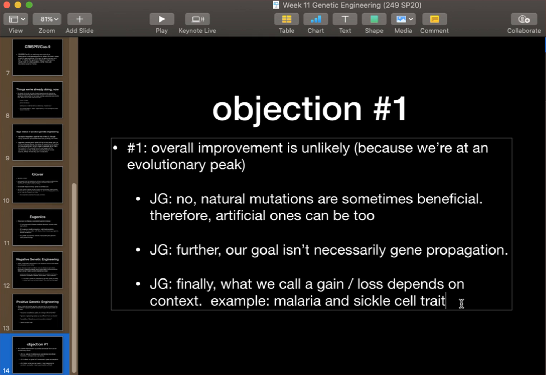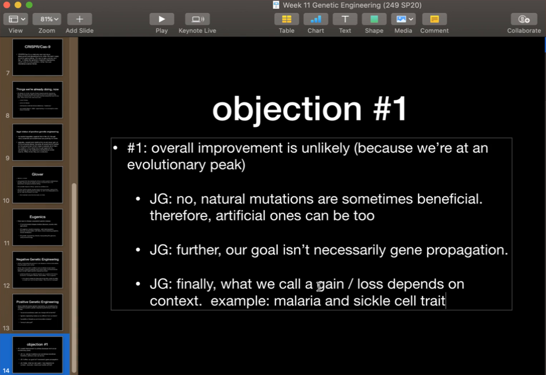So what Glover says is, well, suppose we wipe malaria off the face of the earth. This is technically possible, if we just got around to doing it and had a coordinated effort. In that case, sickle cell trait would no longer be good for us. It would be good for us not to have the trait, because then we wouldn't have the disease.